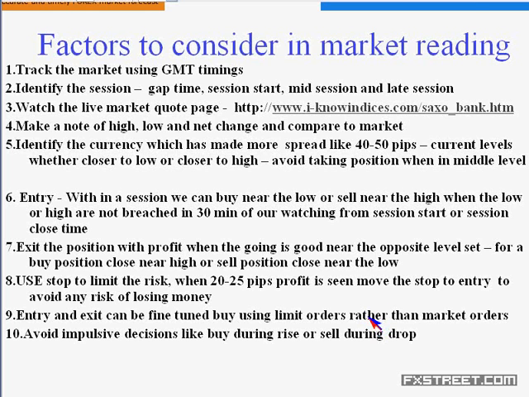In the event the limit order is not being filled, you can modify it and buy about 5 to 10 pips above that after watching for about 10 to 30 minutes after keeping the limit order. That way you can fine-tune your entry.